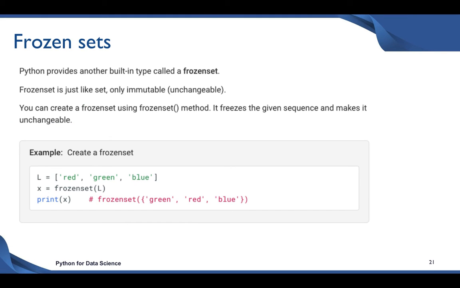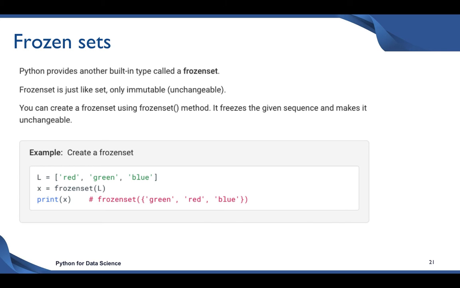Then the next thing is that we have frozen sets, right? Sets are mutable. Anything we can change, we can modify, that is mutable. So far we have learnt list is mutable, we can change the lists. Dictionary is also mutable, we can also change the dictionaries. Sets are also mutable, we can also add elements, we can change the set, right?